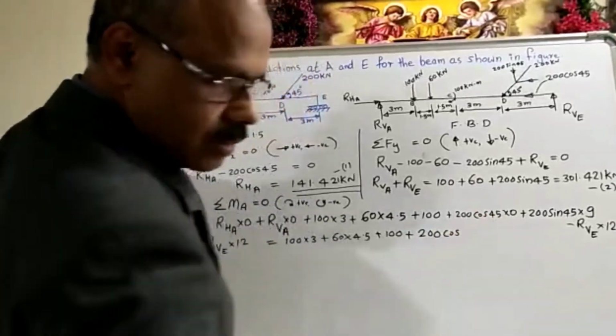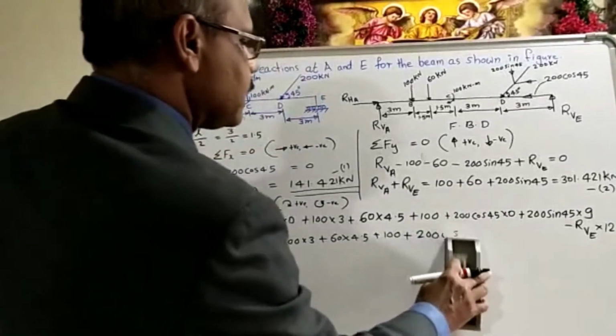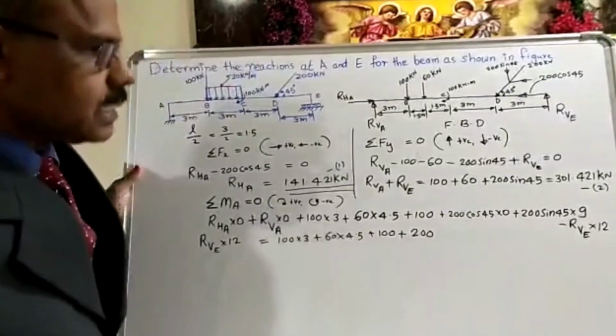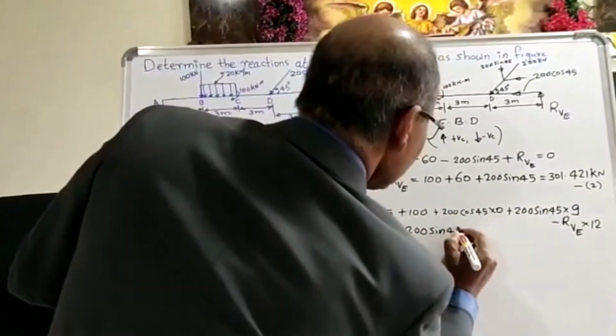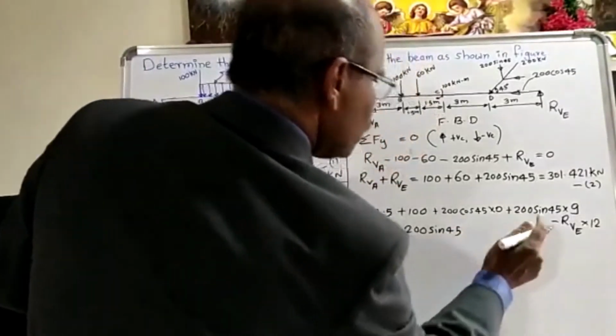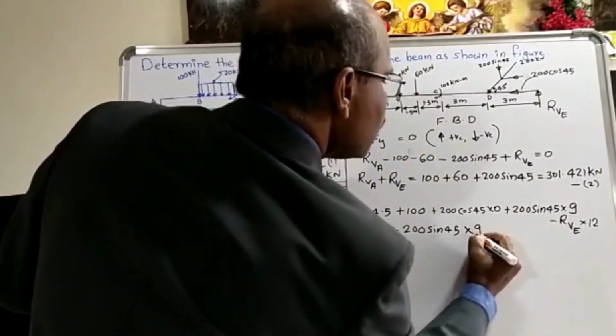Cos 45 term will be 0, so we need not consider it here. We will directly take 200 sin 45 into 9.